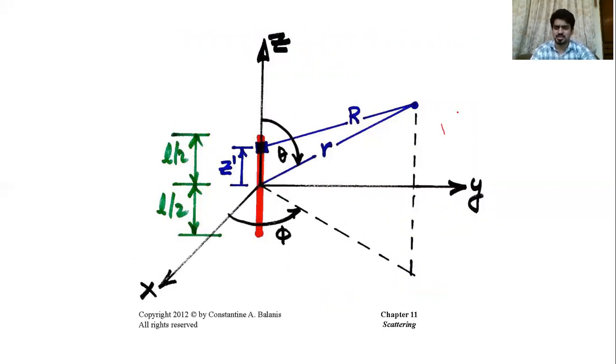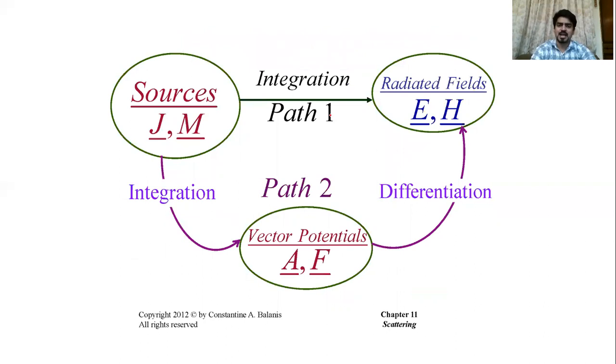Again, this is your original geometry where we placed our vertical dipole right at the origin along the z-axis. And as I mentioned, we have two options. Either from that current densities, we can directly find what would be the radiated E and H field by simply doing integration.